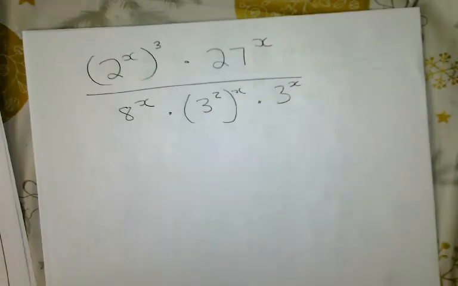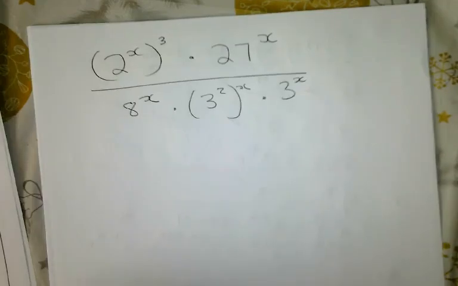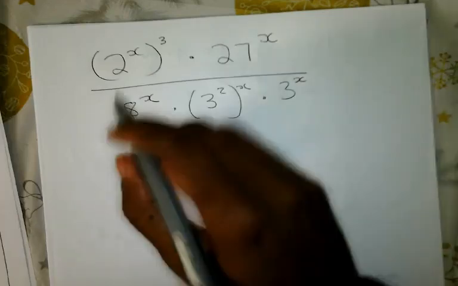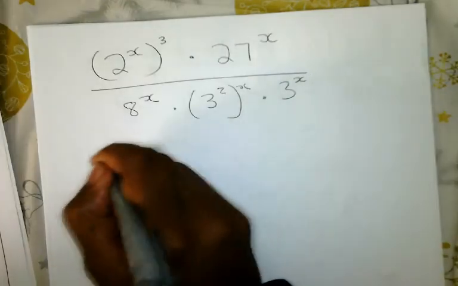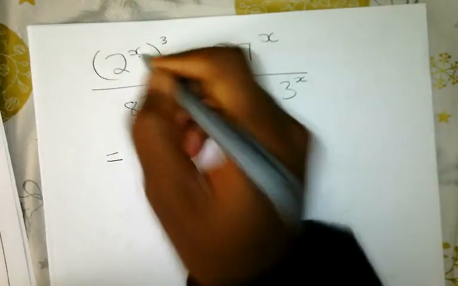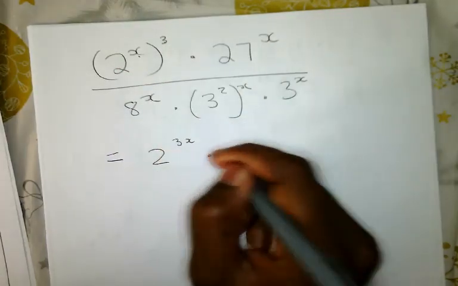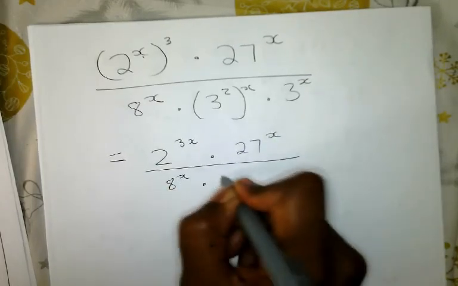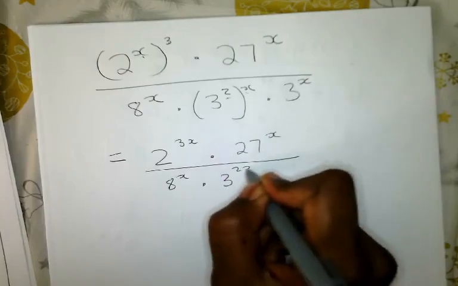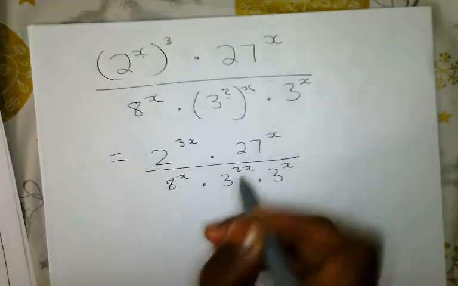So I can go ahead and solve what's in the bracket. What am I going to do? I'm going to just multiply. This time this becomes 3x, 27, 8x 3. 2 multiplied by x becomes 2x 3x. That's step number 1. Step number 2, 2 and 3 are prime numbers.